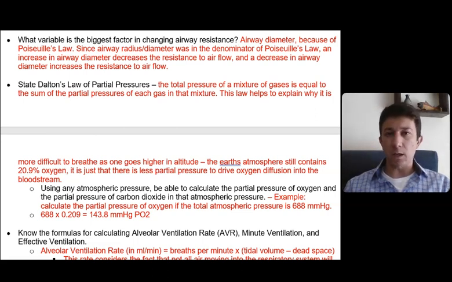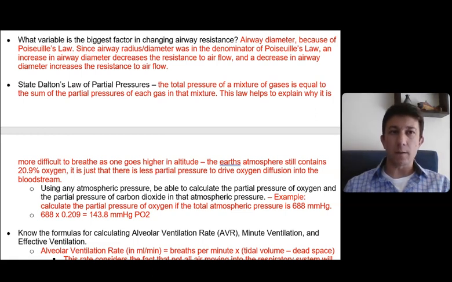It's just not as thick, not as viscous, but it still behaves in roughly the same way, in that if we create a lot of resistance to airflow, then air is not going to flow as well towards where we want it to go. But on the other hand, if we decrease airway resistance, we're going to create better flow towards where we want that air to go. So the variable that is the biggest factor in changing airway resistance is airway diameter.